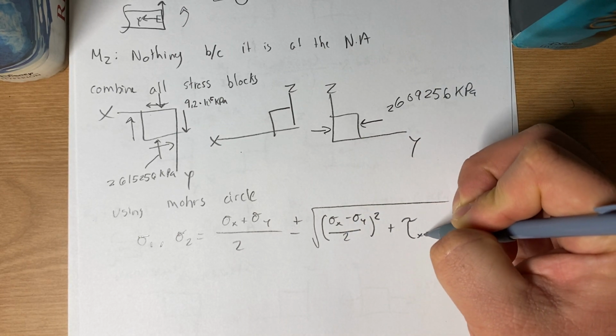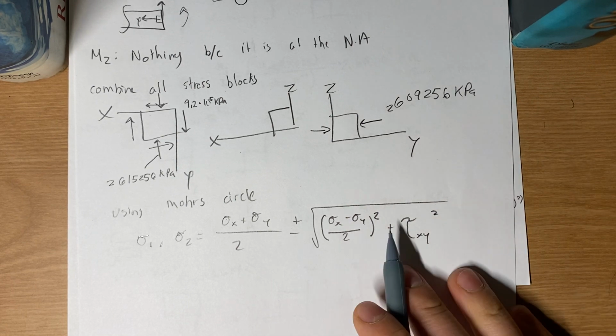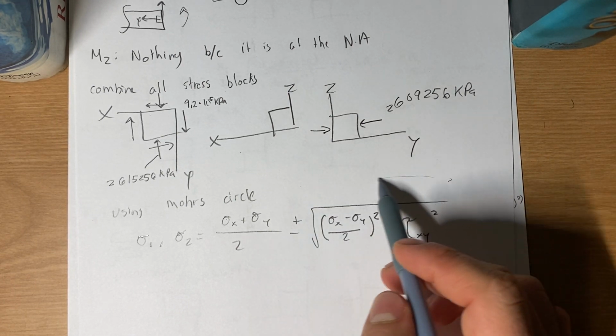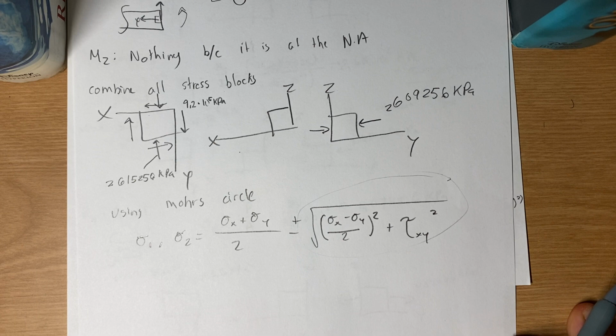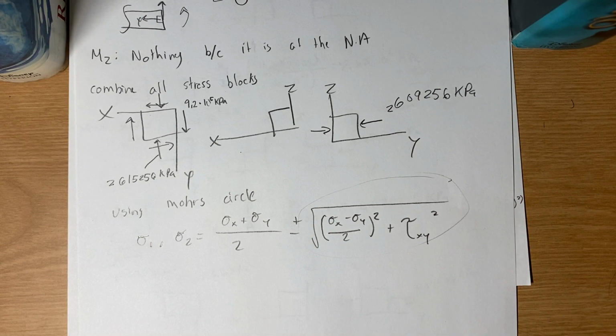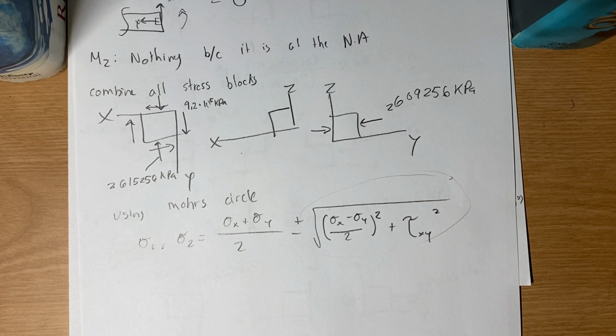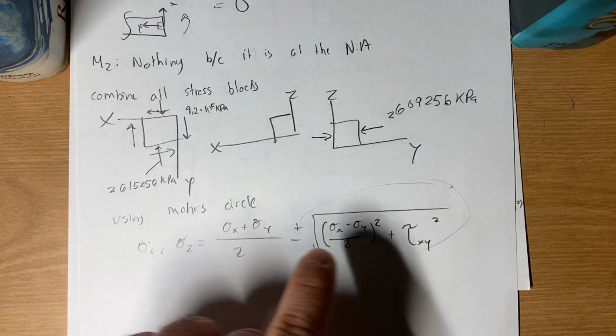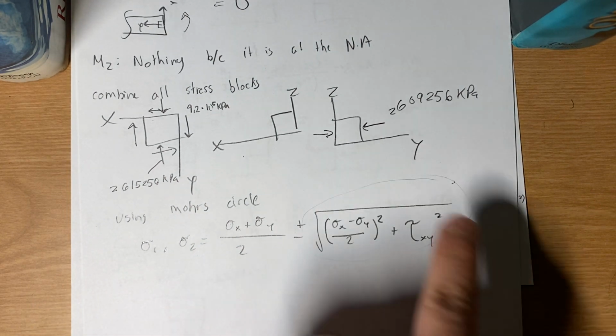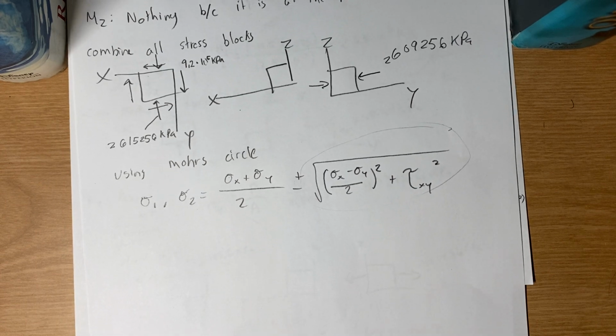And actually, a cool note is that this right here is our max shear stress from the equation. These are my max principal, and then this right here is my max shear, or actually solving it. So I'll just keep going.